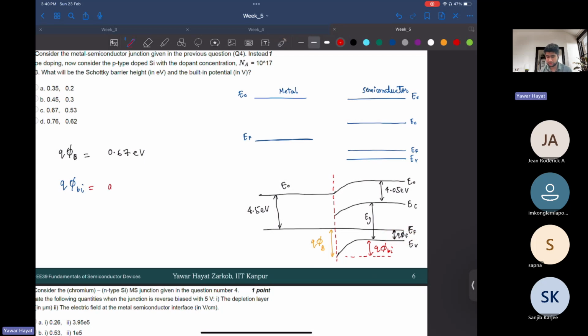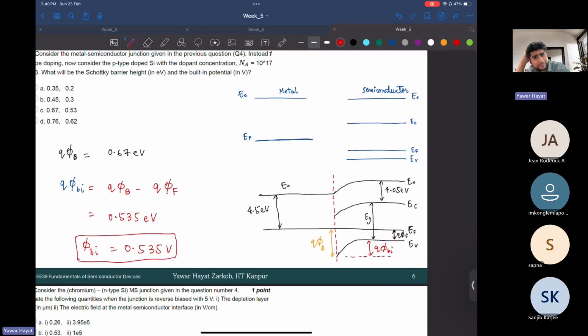This is equal to Q5B minus Q5F. Done. And if you compute it after evaluating Q5F and substitute it right back here, you'll get Q5BI as 0.535 electron volt. So your built-in potential Q5BI is 0.535 volts.